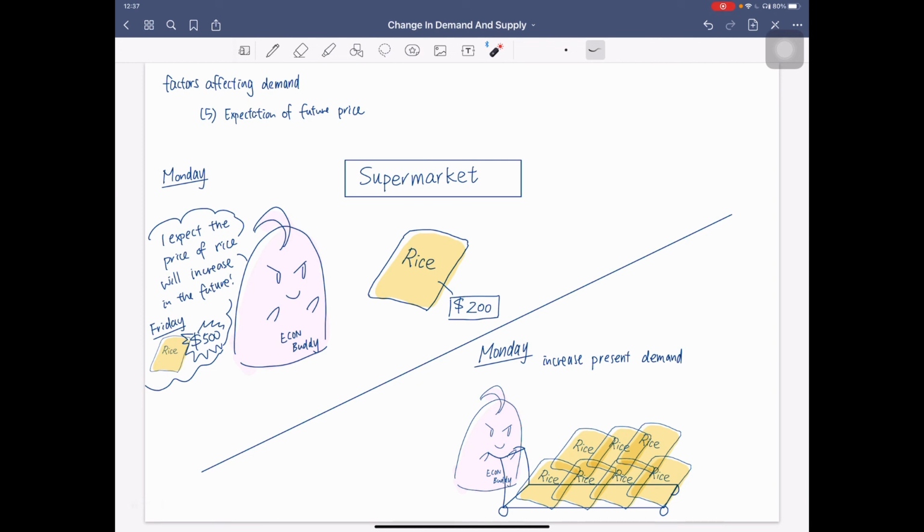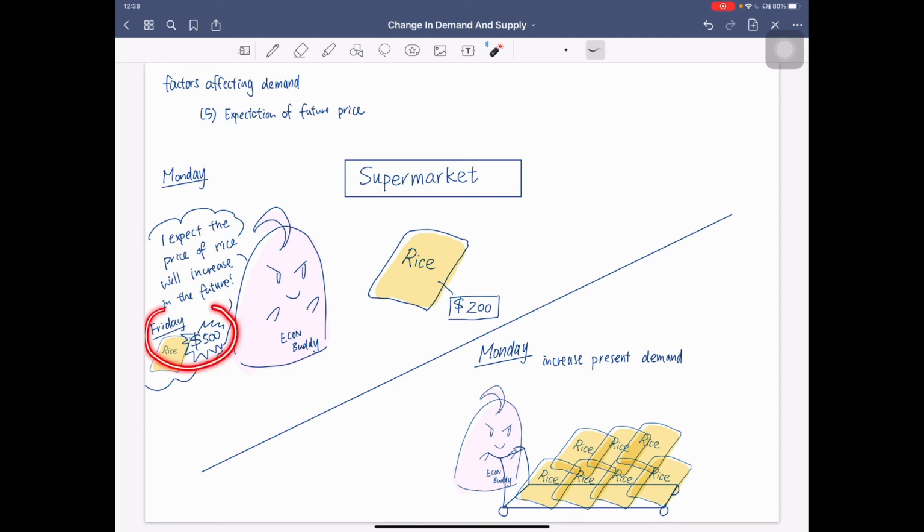The fifth factor is expectation of future price. So imagine today is Monday and you look at the price of rice. It is $200. Consumers expect the price of rice will increase in the future.